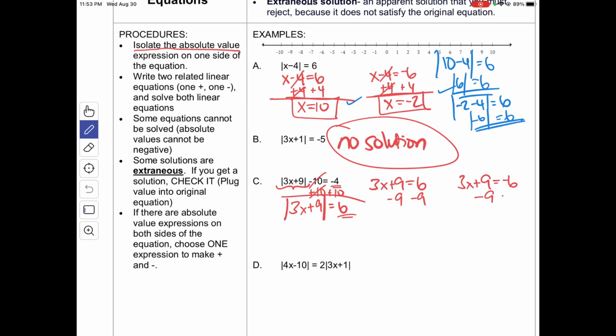So I'm going to go ahead and subtract 9 from both sides of the equation here and 9 from both sides of the equation here because I'm trying to get x all by itself. 9 minus 9 is 0, so I'm left with just 3x on the left side of the equation, and 6 minus 9 is negative 3 on the right side. Now, when I divide by 3 to get x all by itself, I get that x equals negative 1.